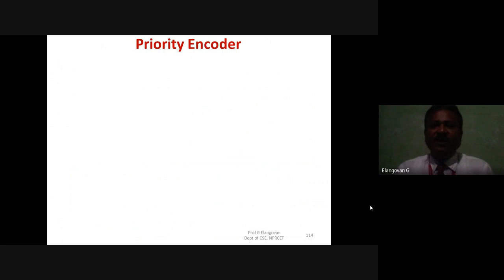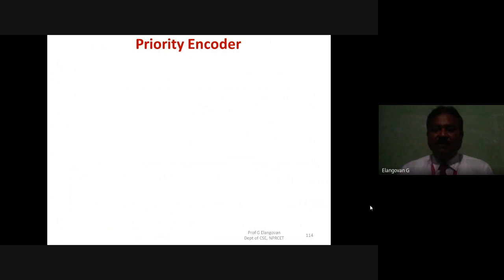If more than one input becomes high level, to handle that we go for the priority encoder. The priority encoder assigns a priority to each line. If both inputs are high level, then the line having the priority is the one converted.